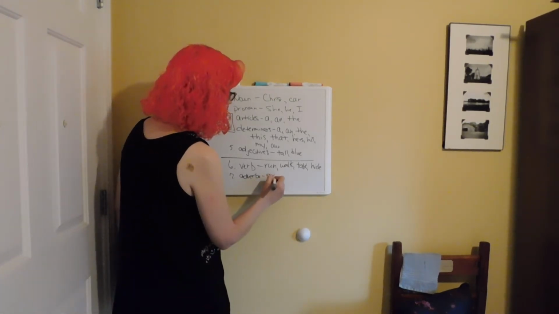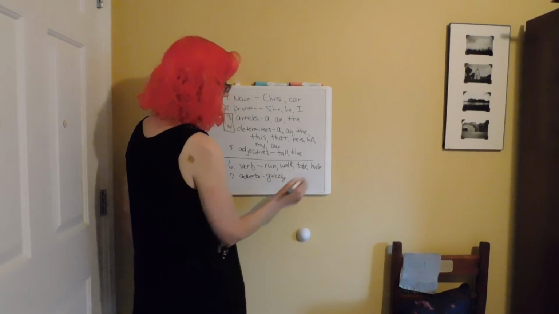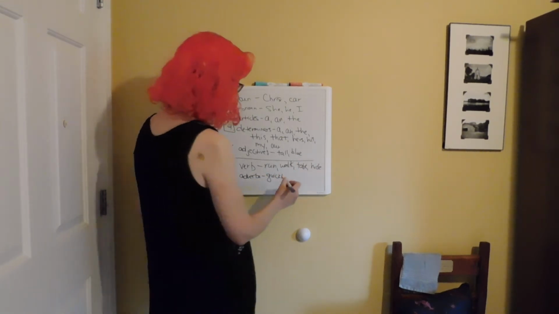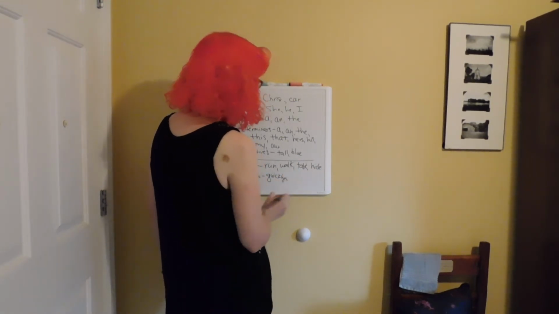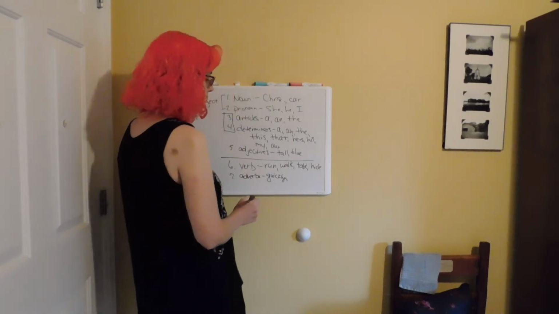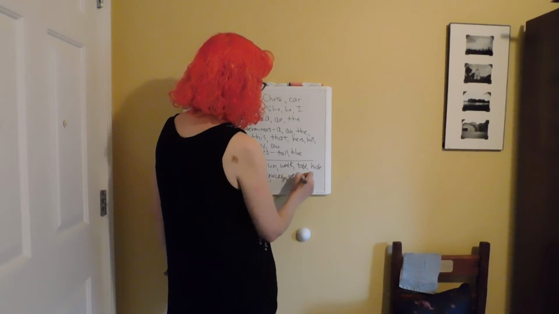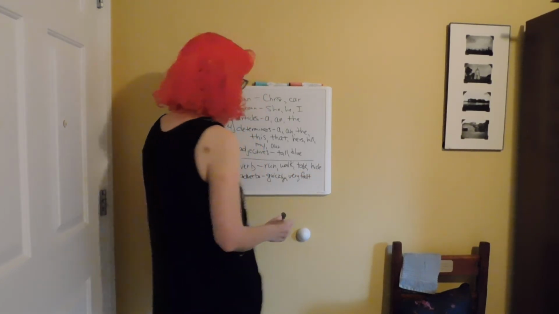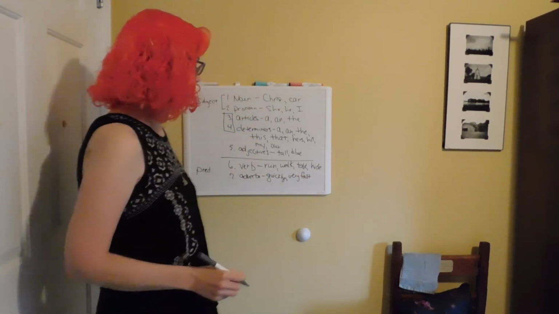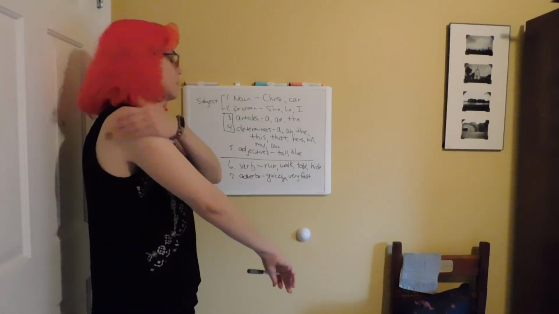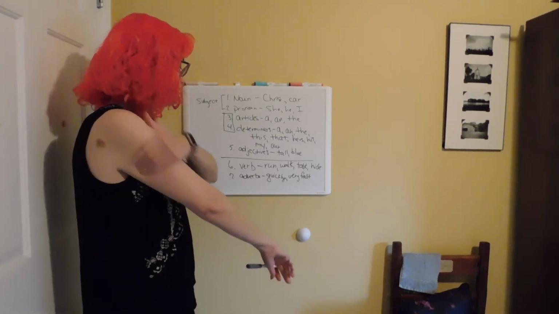So, he walked quickly. He talked quickly. That kind of thing. Obviously, other descriptions. How fast did he run? Very fast. The word very is inevitably involved in some adverbs.